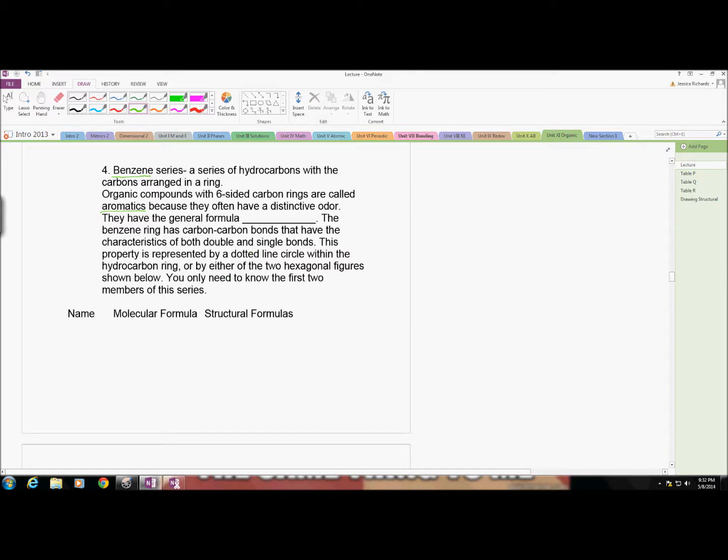So I'm going to draw you a couple of structural formulas for it. Recognize that this is benzene. C6H6 is its molecular formula, and just pick it out. You can draw it as this hexagon with every other bond between the carbons being a double bond or a single bond. There are simplified versions of this, and they would look like this.